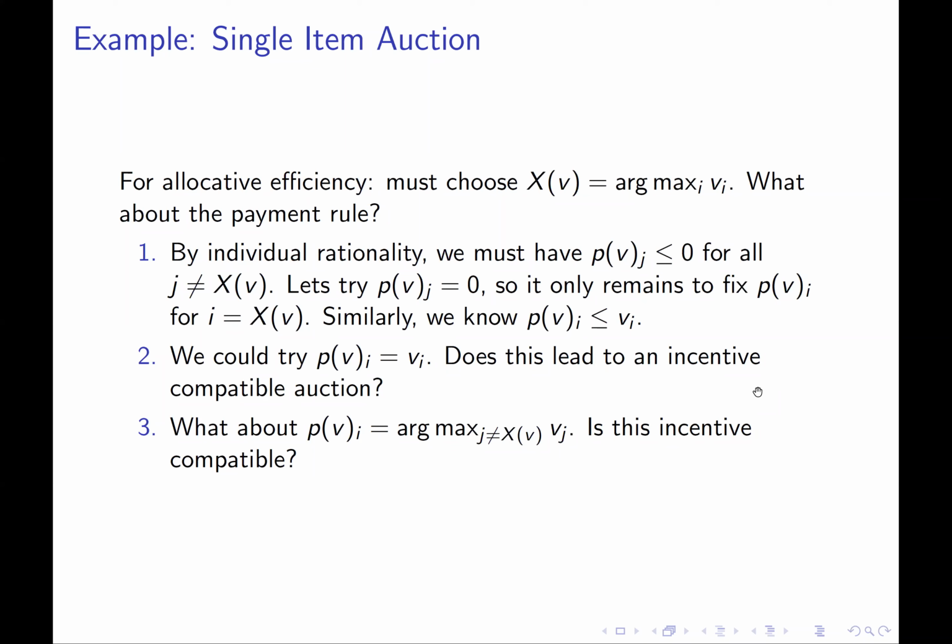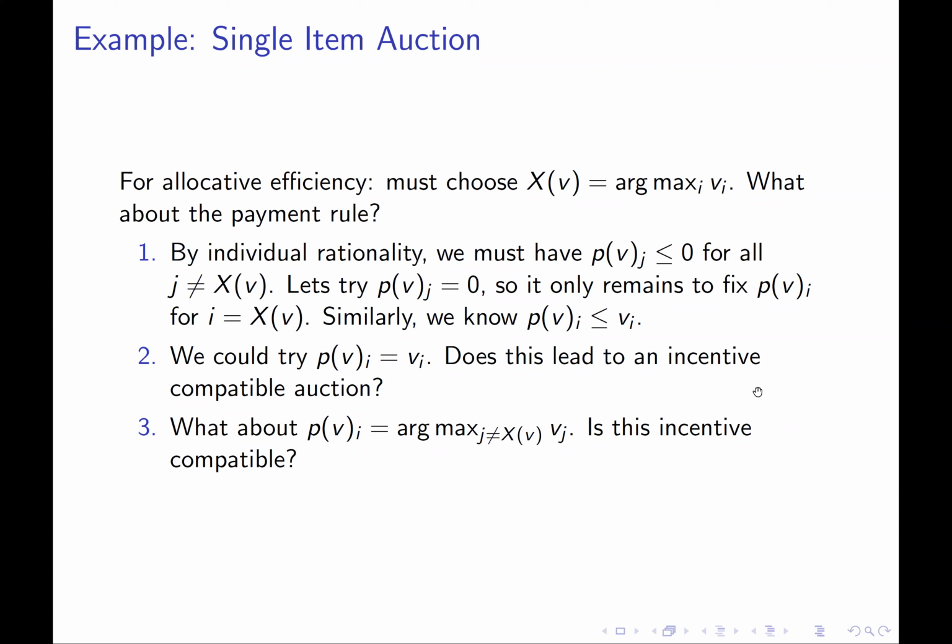Or they could lower their bid so much that they are no longer the high bidder, at which point they're strictly worse off because now they're losing the auction at a price they would have been willing to pay. They're getting 0 utility instead of positive utility. So the high bidder cannot beneficially deviate by changing his bid.